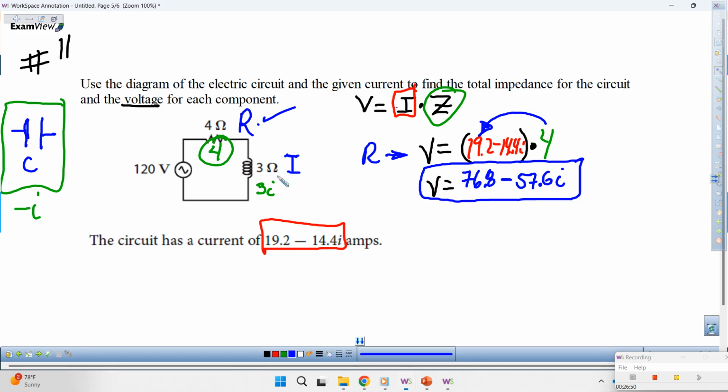All right, so now we do the same thing for the inductor. So write L for inductor. Write your formula once more: parentheses for the current times the impedance. So what's our current? Our current is 19.2 minus 14.4I.